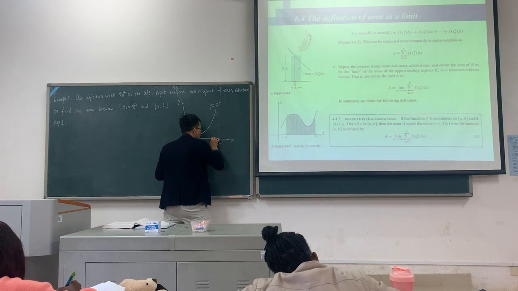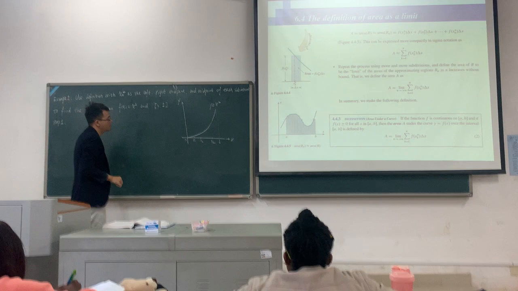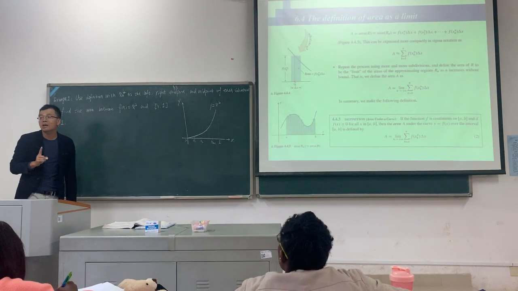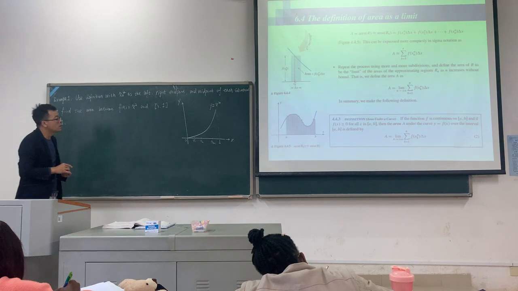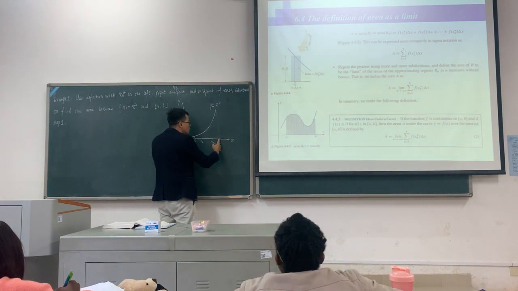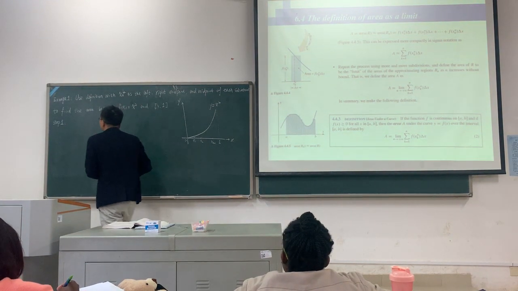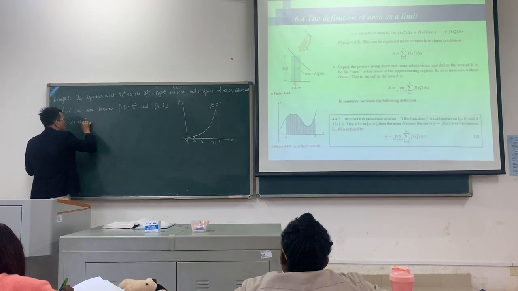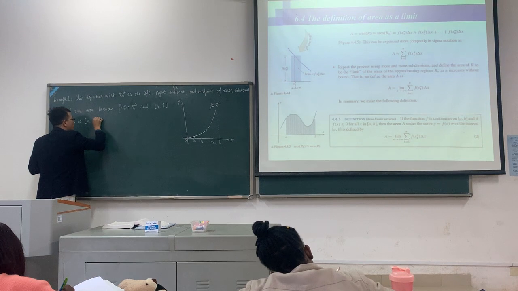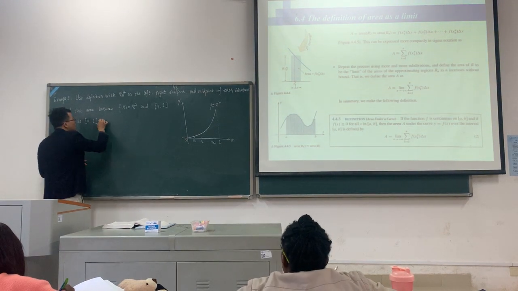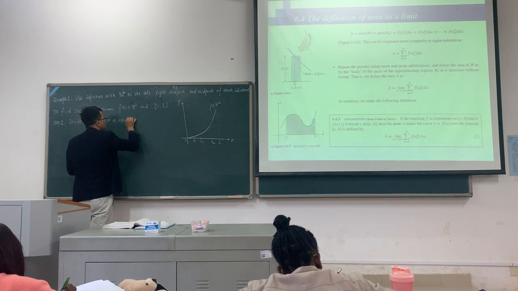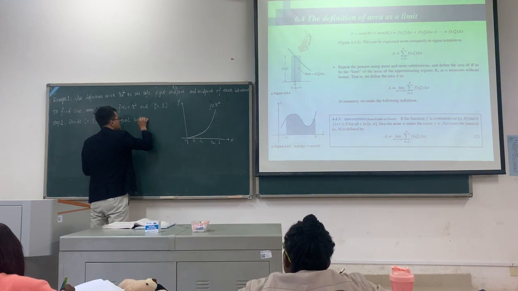So go on. Here is the xn minus 1. So in this step we divided the interval from 0 to 1 into n equal subintervals.